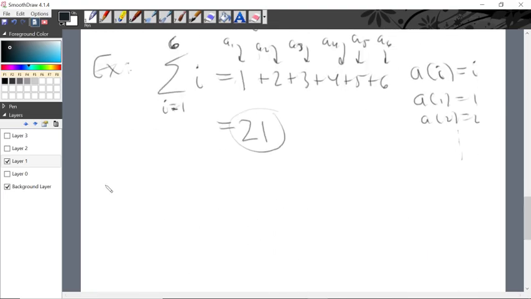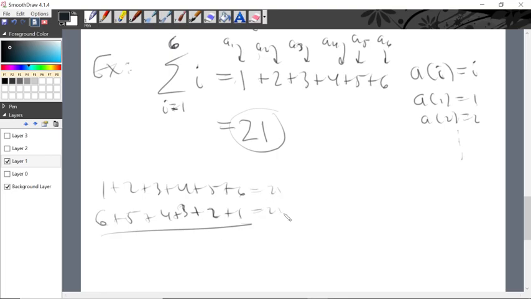Yes, there is. You know, in the development of that formula, if we rewrite the same sum in reverse, okay, like Gauss with this one, the same sum in reverse, right? Well, these add up to 21, these add up to 21.